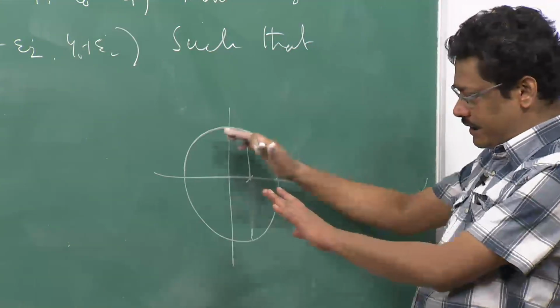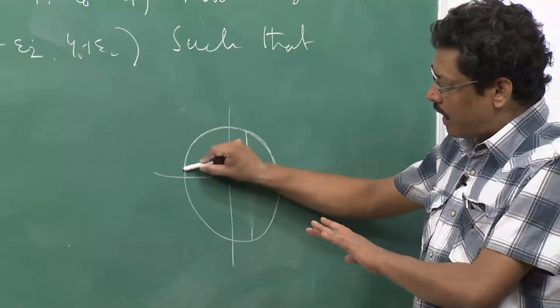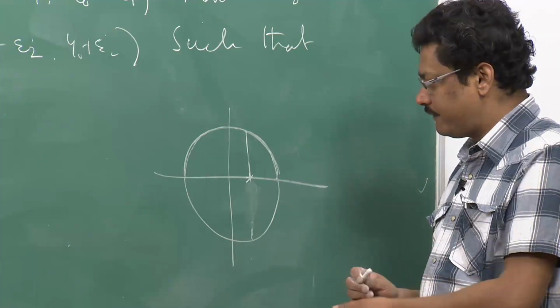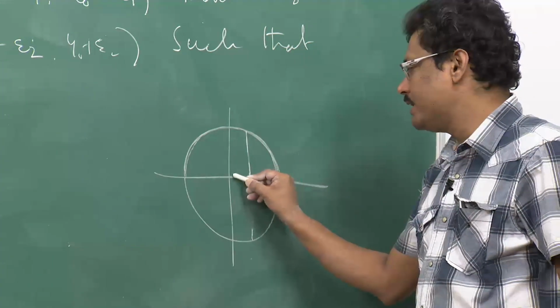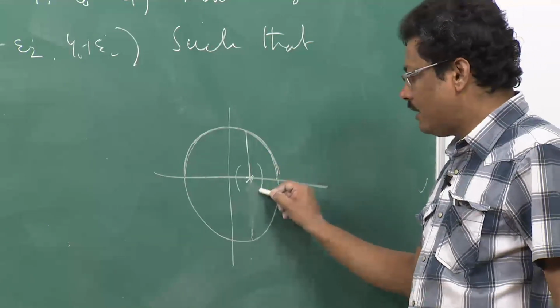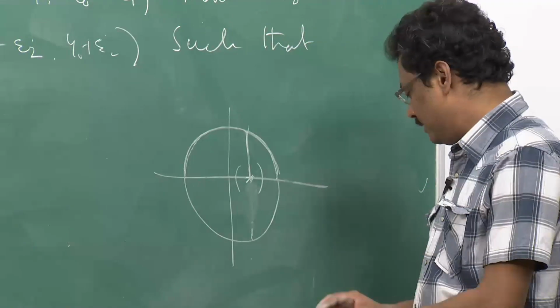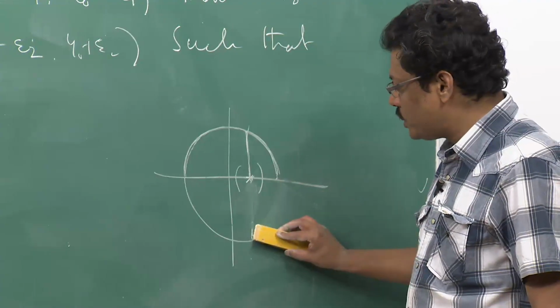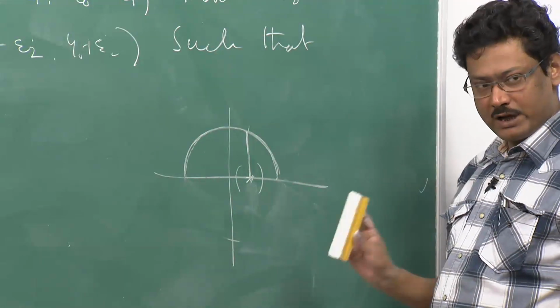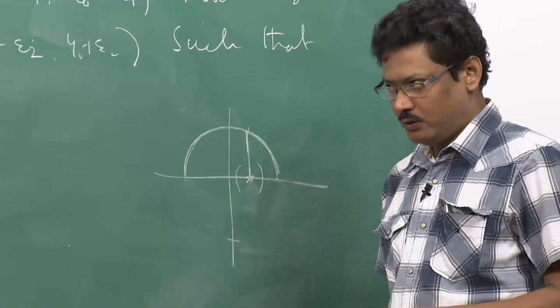I will treat this part of the curve as my local level surface, and here I can decide a neighborhood. Of course, I can take here the entire thing, it is a very nice picture, such that for each x there is only one y. So, when I am asking this question, I am not looking at this part, I am looking at this part only. That is what is meant by looking locally.